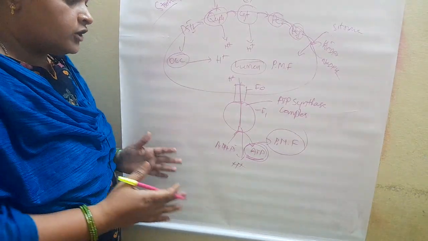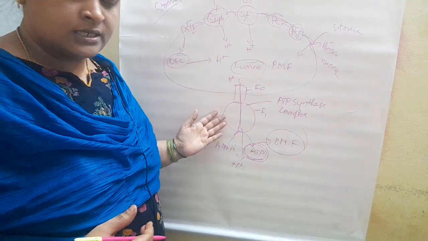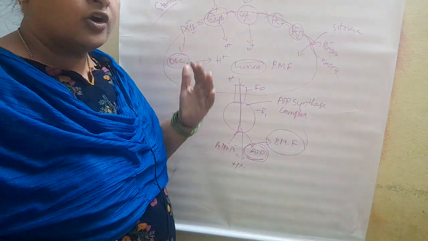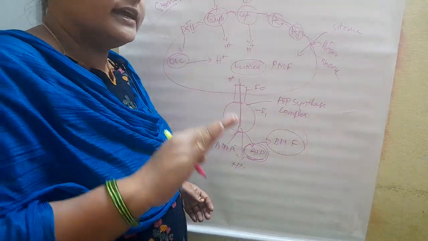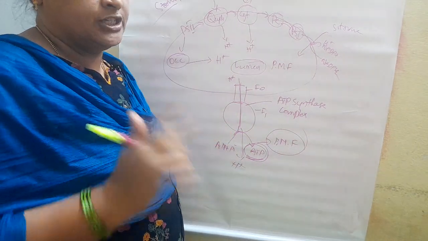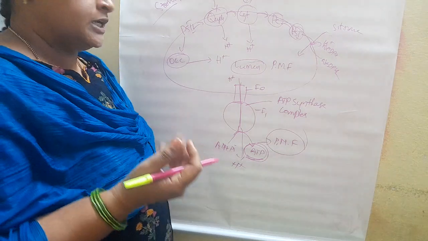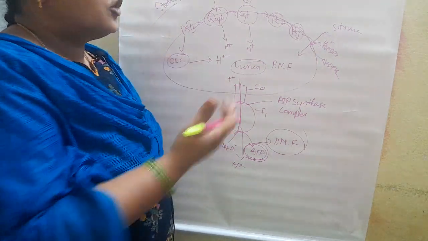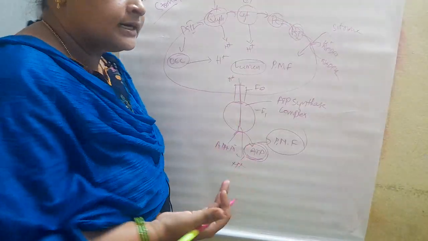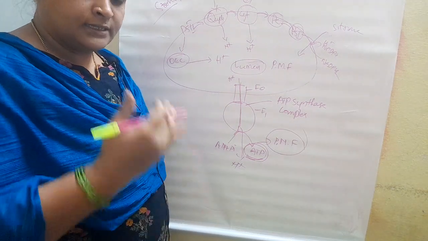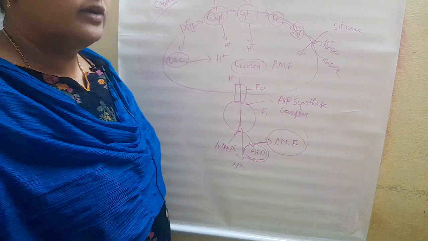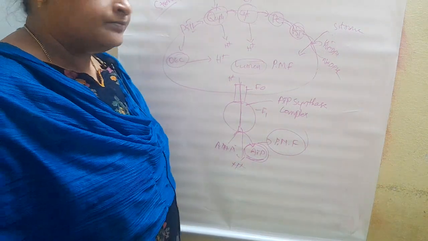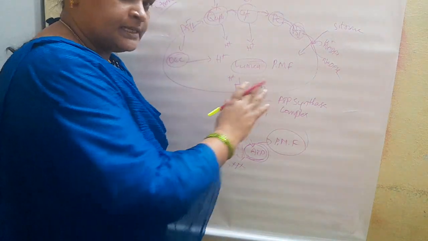Understood? Photophosphorylation is seen in photosynthesis, whereas in mitochondria ATP is also synthesized, and that is called oxidative phosphorylation. Here it is photophosphorylation because it occurs in the presence of light, during the light phase. Understood?